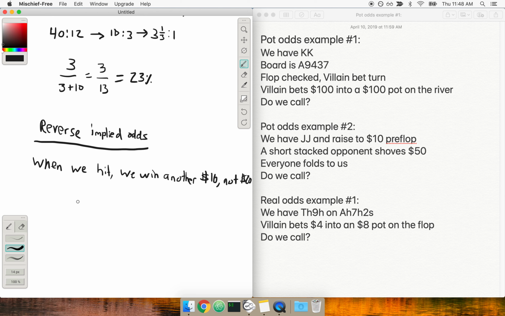This should be 36. So in total, we're going to win 36 when we hit instead of 40.